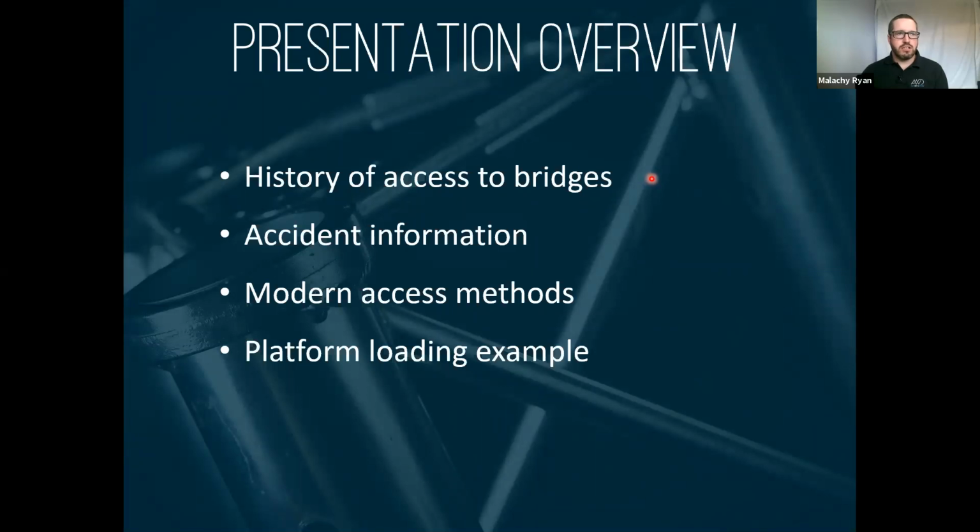I'm going to look at some of the accident information that we have from the years, and look at deaths and possible improvements in the number of accidents and deaths that have happened on site. Then I'm going to look at the more modern access methods that are in use today, and at the end I'm going to look at some of the codes that we work to, and a bit of a design example when we look at loading.